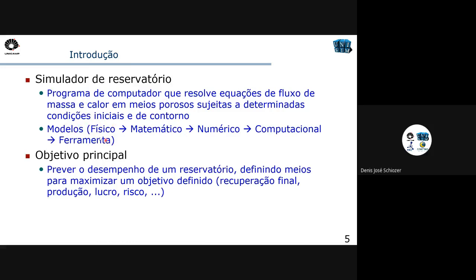So we go from the physical model to the mathematical model. Here in the physical model, we have to understand the most important equations for the physical aspects that are responsible for the fluid movement of the petroleum in the reservoir.